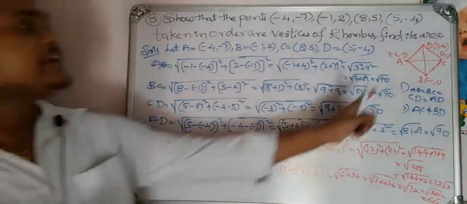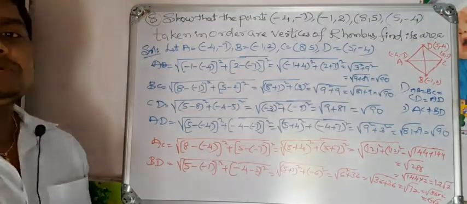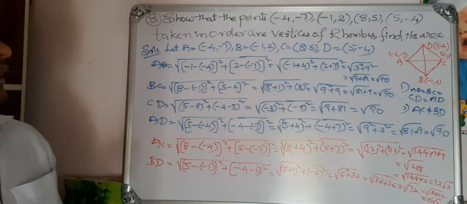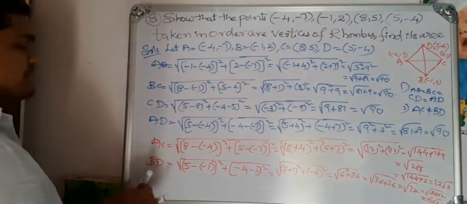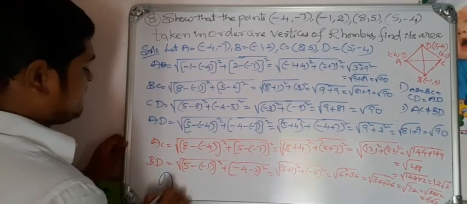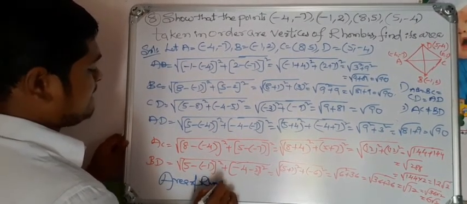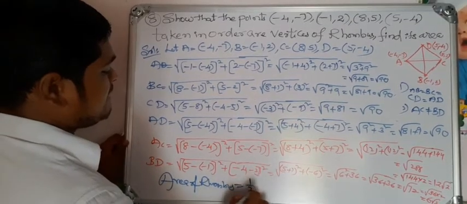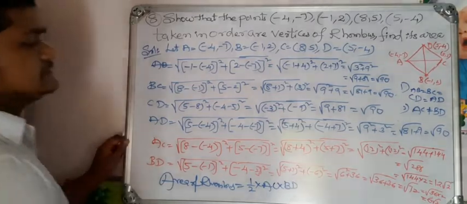Then they have asked us to find its area. What is the formula for the area of the rhombus? Area of the rhombus is equal to half into the product of the diagonals, that is AC into BD.